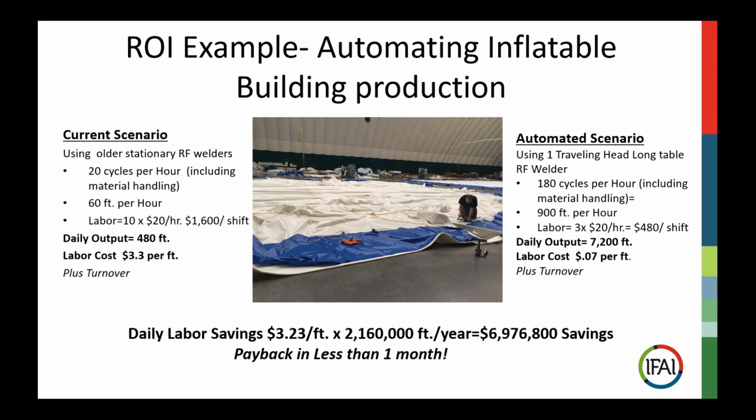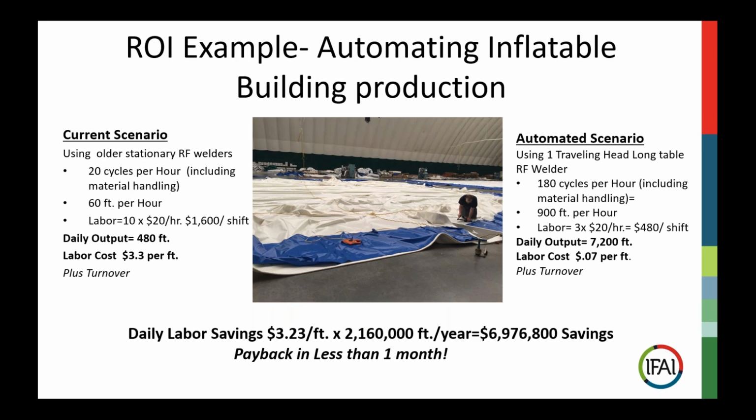If we come in there with just one traveling head, long welder on a 200-foot table, you're going to achieve 180 cycles per hour. Why? Because once you've got that material on the table, you really don't have to touch it. The other reason is that the machine is actually welding while they're setting up for the next couple of welds.